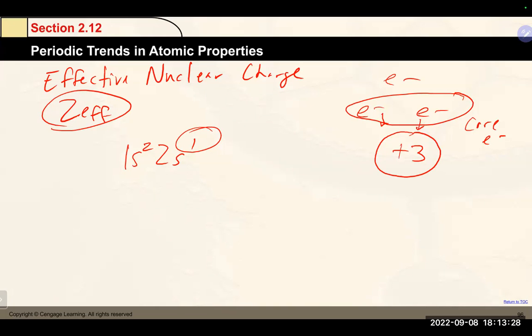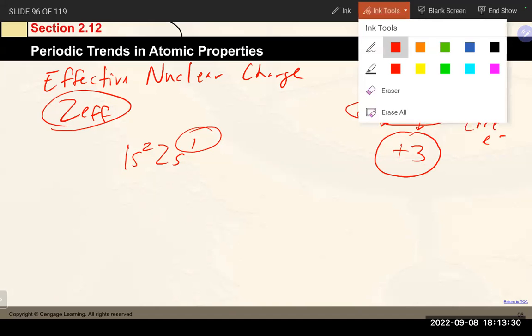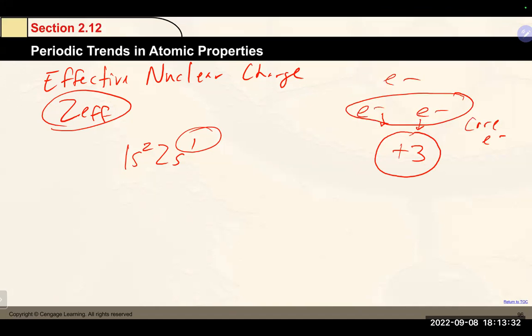When we get to our valence electron out past that in a higher energy level, this electron experiences what is sometimes referred to as shielding. Shielding is pretty much what it sounds like. Lower level electrons shield the nucleus's positive charge, so the valence electron doesn't feel the full brunt of that +3 charge.